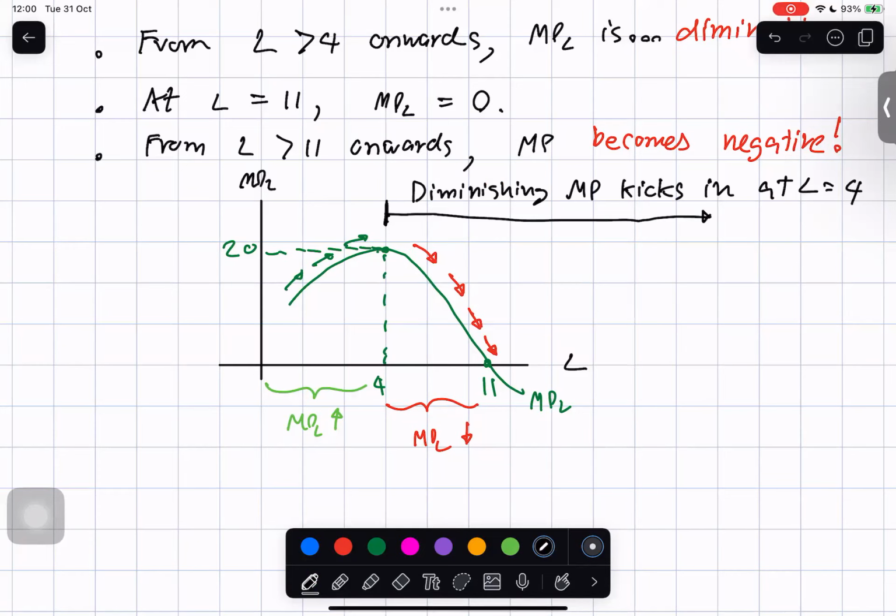And then diminishing marginal product start to operate at L equal to 4. Declining, diminishing.